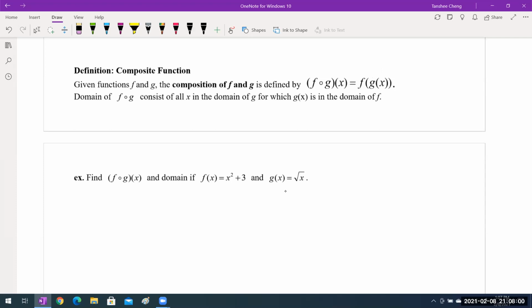Because the composition function is like two machines stacked together. So you have the input x going into the g function, and the outcome is g of x. But then you use this outcome as the input to another machine, which is f.